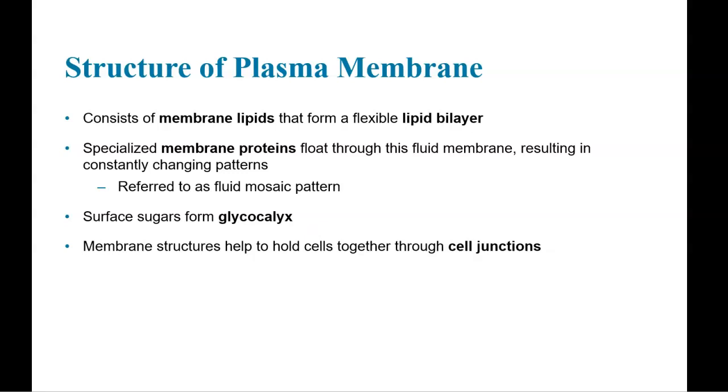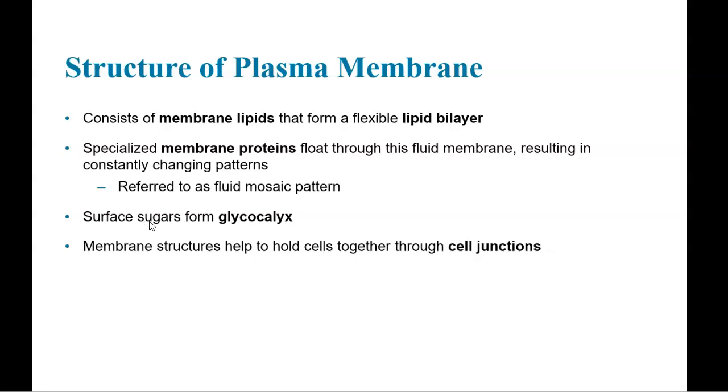Structures that you can find on the cell membrane would be the membrane lipids. These form a flexible bilayer. This is the phospholipid bilayer that I've already introduced. There are also membrane proteins that float through the fluid membrane, and this results in constantly changing patterns. That's why it's referred to as the fluid mosaic pattern, with pieces that are in constant motion.